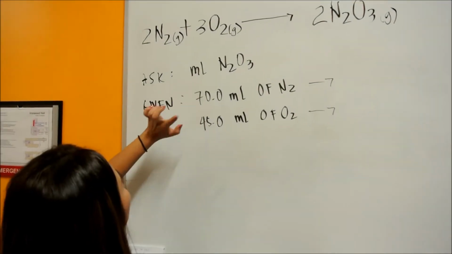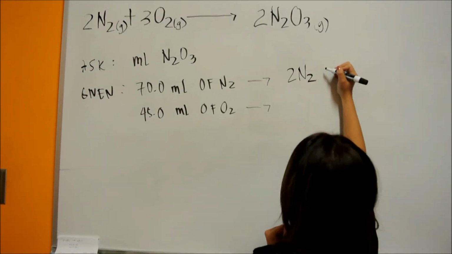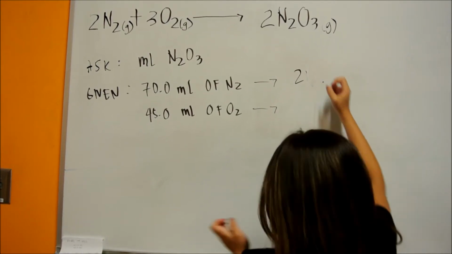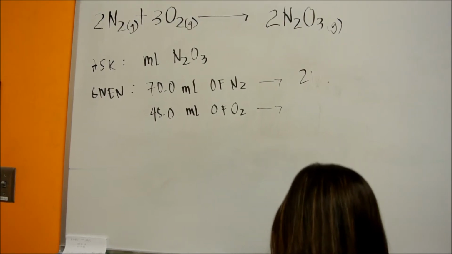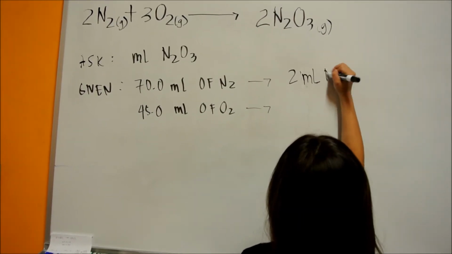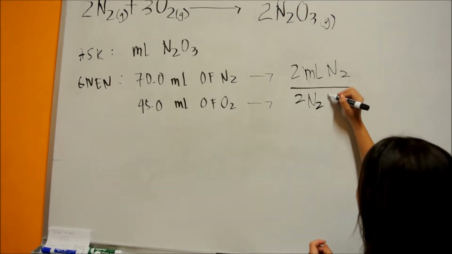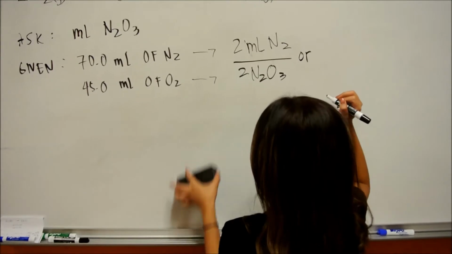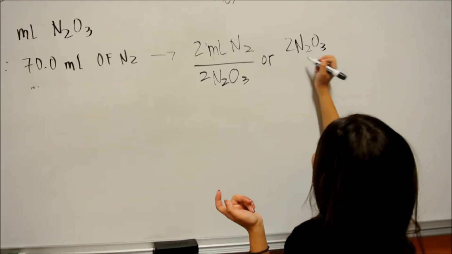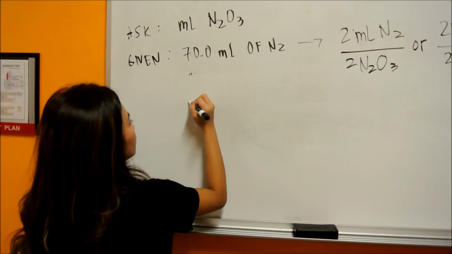So we have 2 ml of nitrogen, I'm sorry, over 2 moles of dinitrogen trioxide, or you can just flip it, and 2 N2O3 over 2 ml of nitrogen. For the oxygen, we have 45 ml.